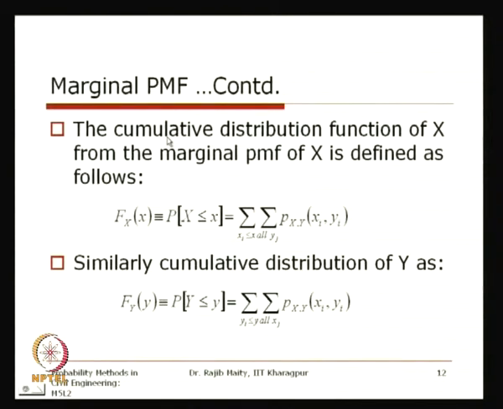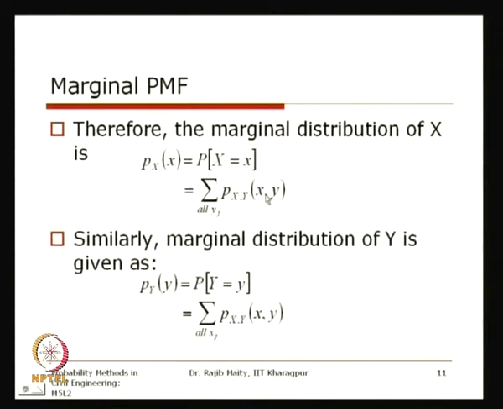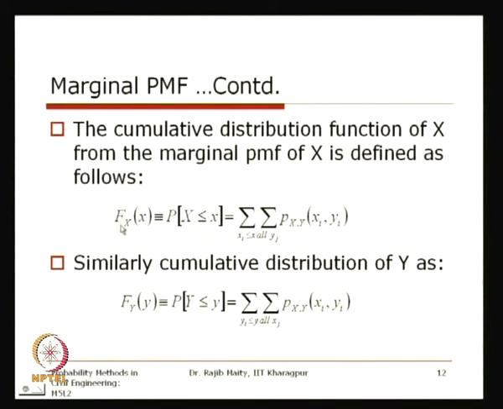Once you know their PMF, you just go on summing up to get from this distribution to the cumulative probability distribution.